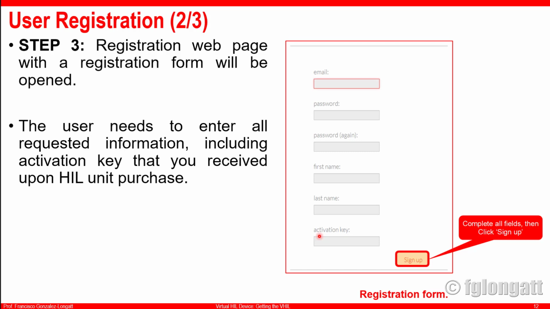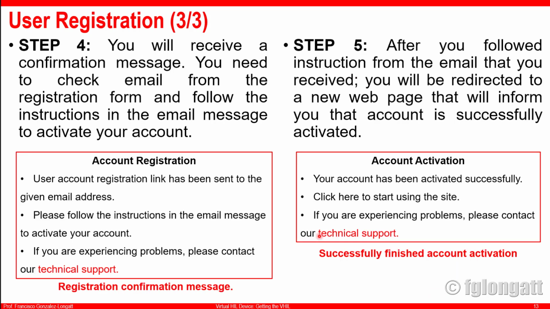When you complete the data, including the activation key, you press the sign up button, and then you will receive a confirmation message saying please check your email because you will get confirmation that your account is successfully activated. A few minutes later, you will have your account ready, and you will be able to go to the website and download Typhoon HIL Control Center.